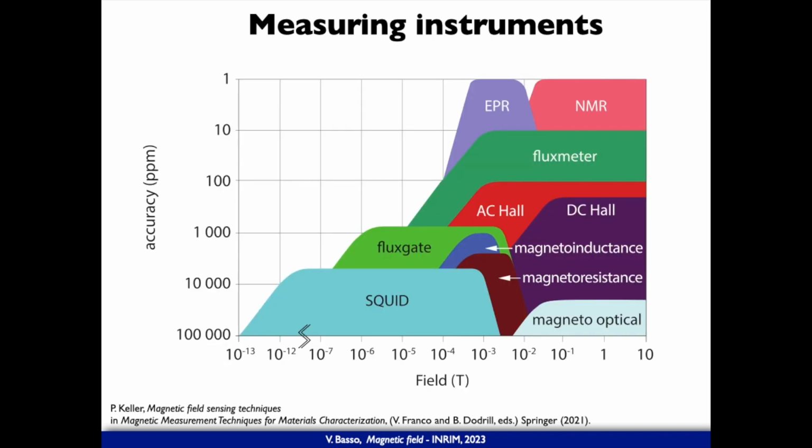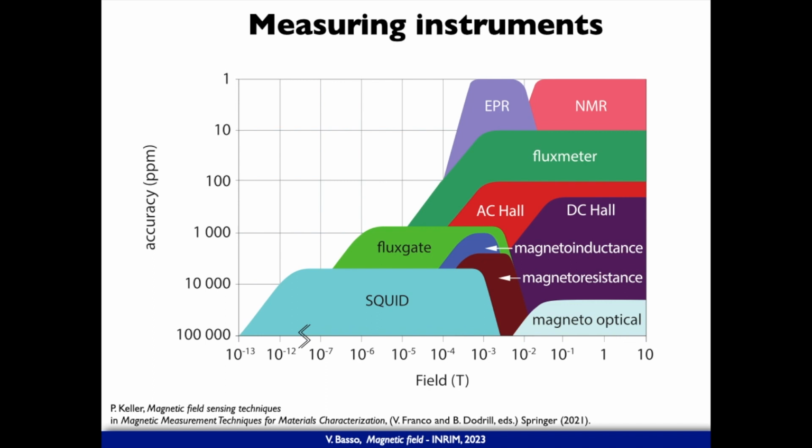We can take this classification given by Peter Keller, where we have a general accuracy as a function of the field. The field spans many orders of magnitude here, but the point is essentially that the most accurate, as you have seen, are the NMR and EPR, electron paramagnetic resonance, or nuclear magnetic resonance methods, which are able to achieve the best accuracy.